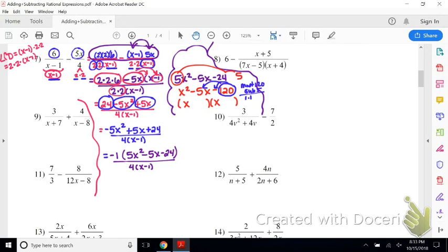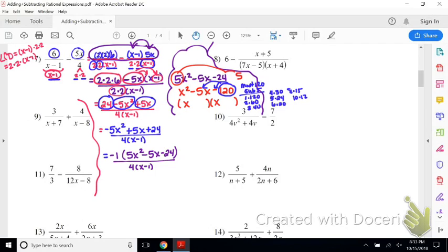And so we got 1 times 120, 2 times 60, 3 times 40, 4 times 30, 5 times 24, 6 times 20, 7 doesn't go into it evenly, 8 times 15, 9, 10 times 12, 11 doesn't go into it, 12 times 10, I'm repeating myself. So this is everything that multiplies to 120, and we can see that nothing subtracts to 5, so that means I cannot factor that any further.